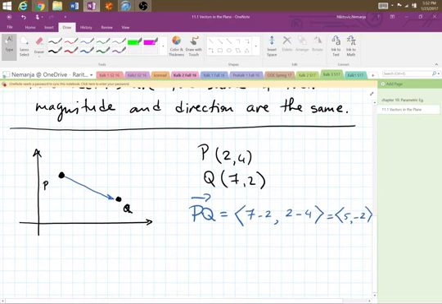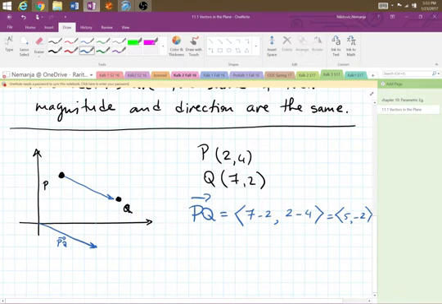Now, what that means is that that particular vector is this one. That's 5, negative 2. You can call that PQ.